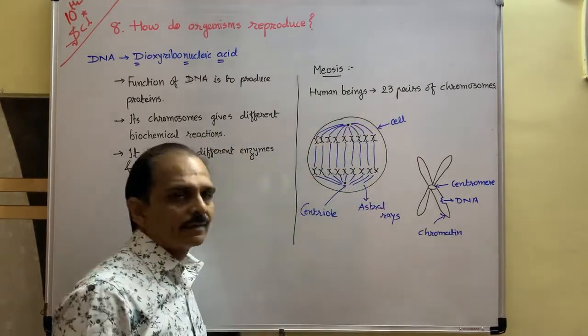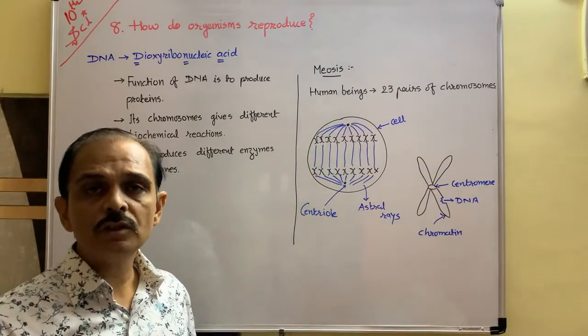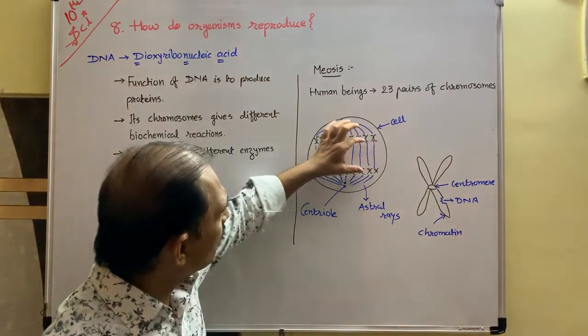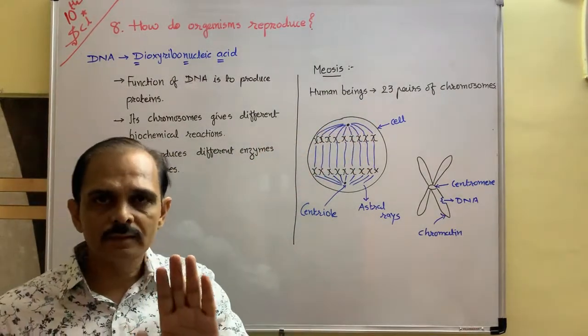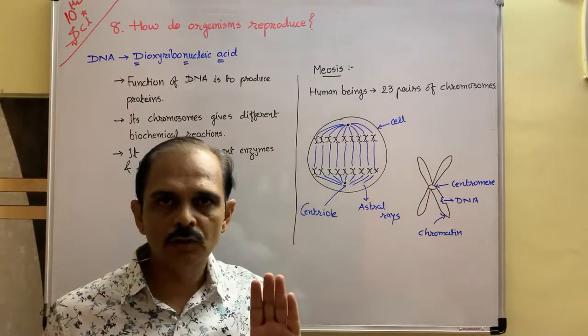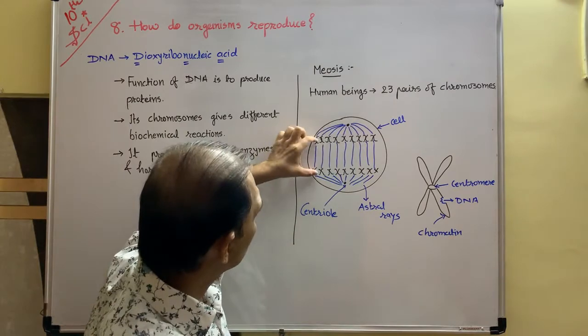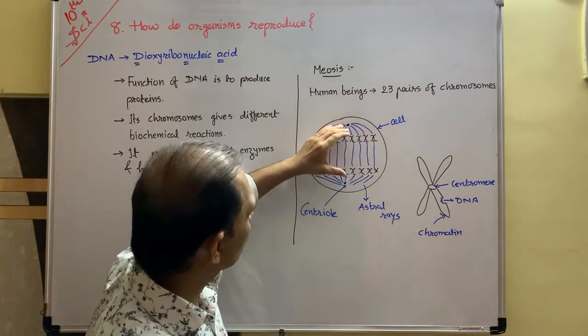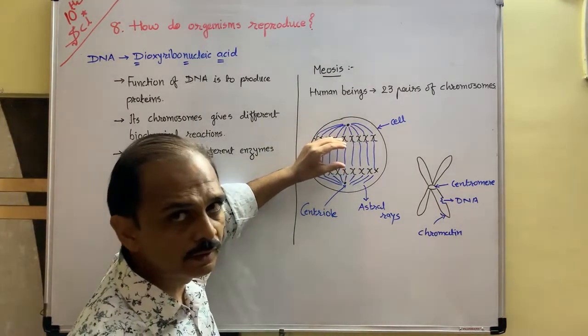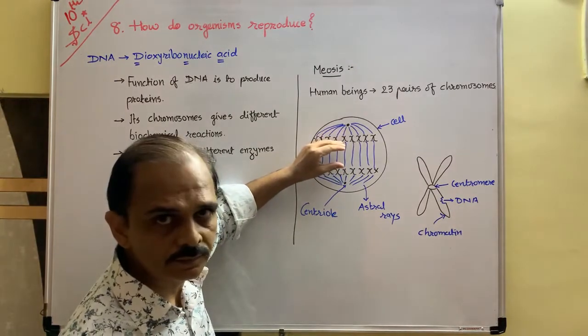Now meiosis starts. See, slowly, gradually, what happened? Suppose this is 23 pairs. Don't try to count it. This is a sphere-like cell. All these 23 pairs of chromosomes start coming nearer and nearer, towards each other.